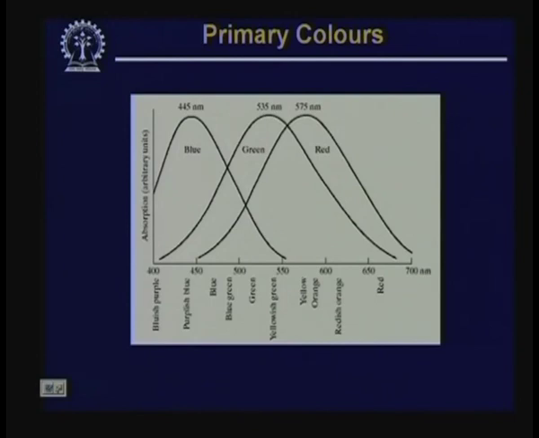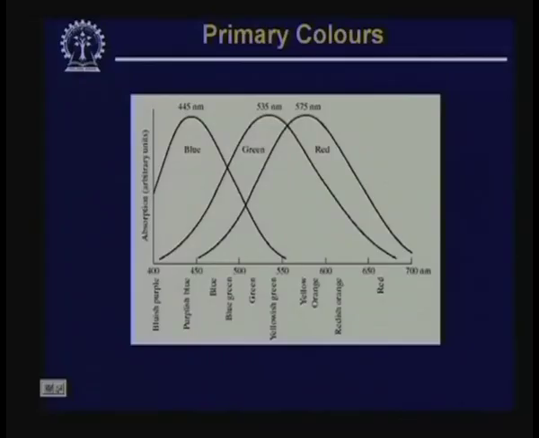Out of this we normally take three color components, red, green and blue, as the primary color components, because in our eye there are three types of cells, cone cells, which are responsible for color sensation.